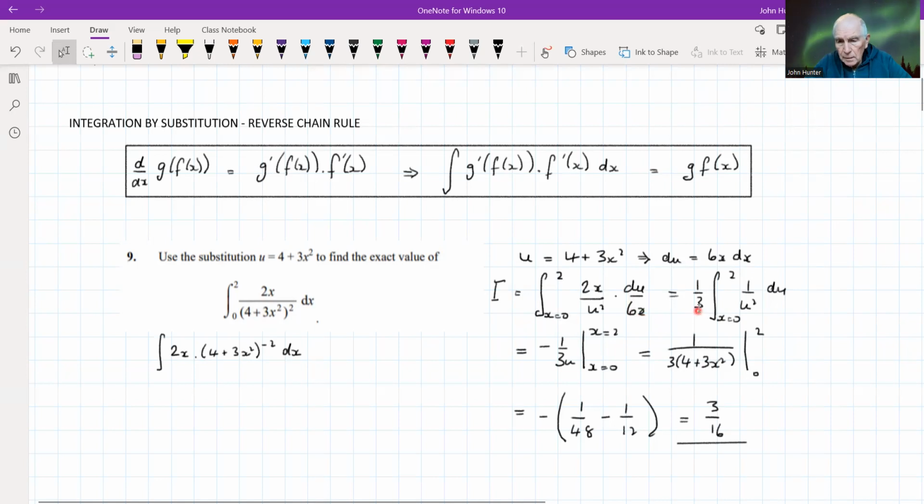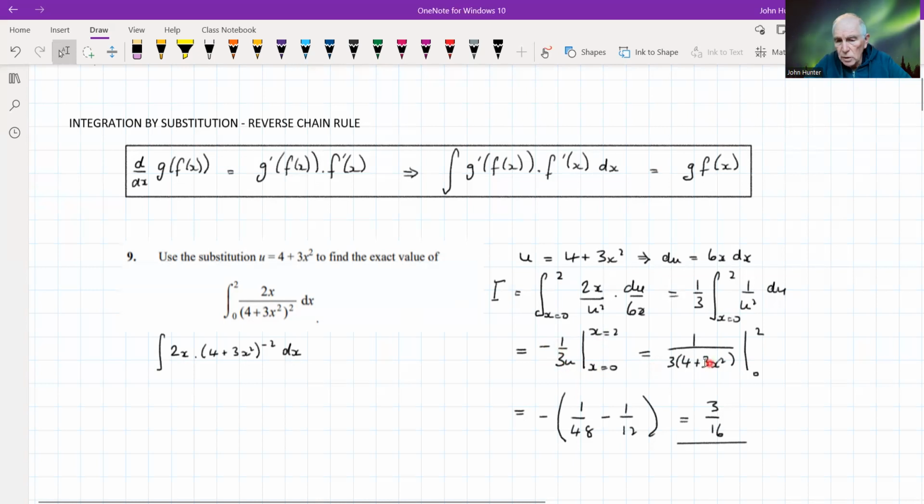And if we simplify that, our x's will cancel. The 2 and the 6 give us a third, which I've taken outside the integral, and therefore we've got the integral, again with x limits 0 to 2, of 1 over u squared. That's going to integrate to minus 1 over 3u between those x limits.